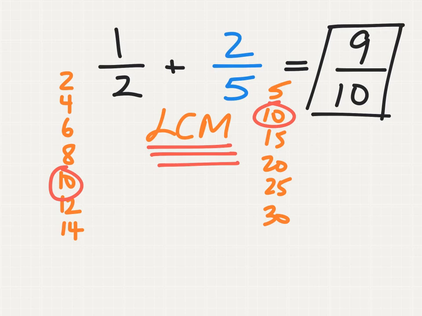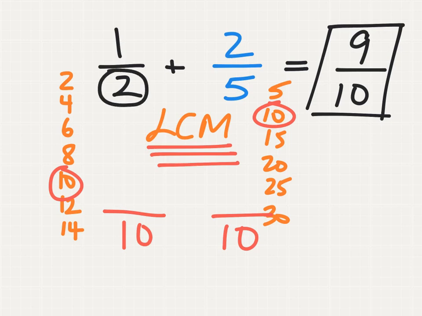The least common multiple will become my new denominator. So I'm going to change the denominator of both of my fractions to 10. So then the question becomes, what did I do to 2 to make it become 10? And if you said, well, I multiplied it times 5, I'd say you were right.